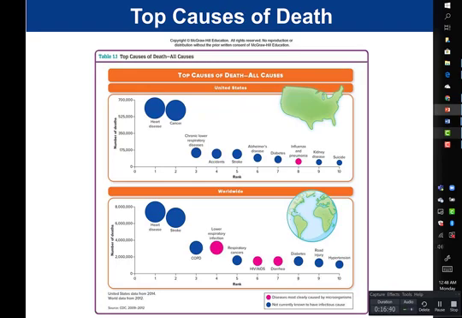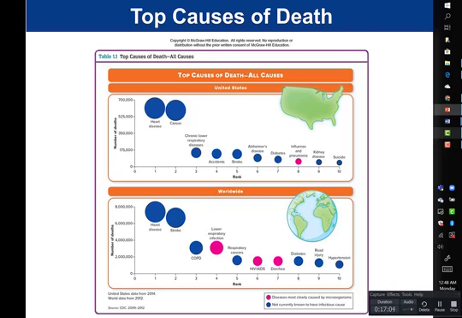Second leading cause of death would be cancer, followed by chronic lower respiratory diseases, so COPD, so lung diseases, etc. Accidents would be number 4, stroke would be number 5, Alzheimer's disease is number 6, diabetes is number 7, that was the one I just explained to you.